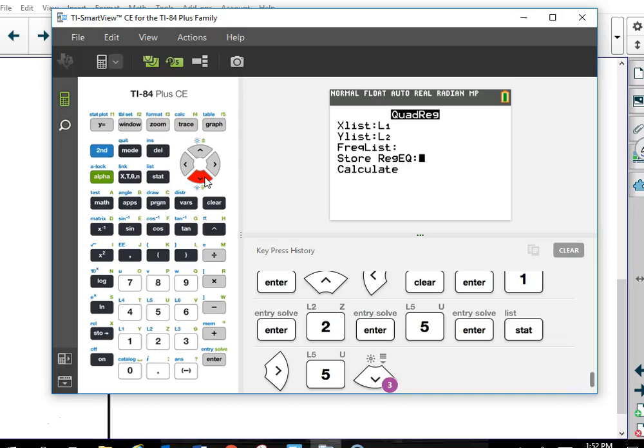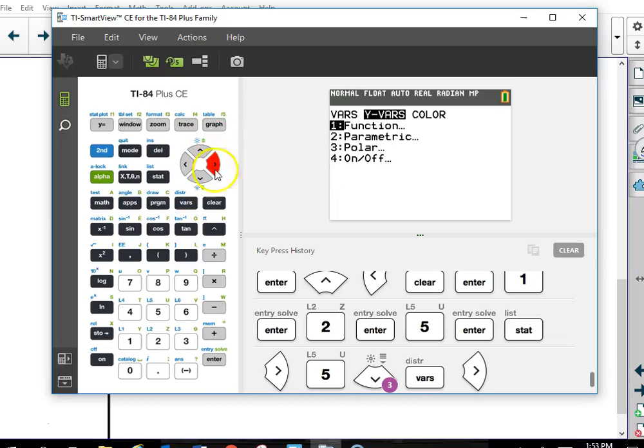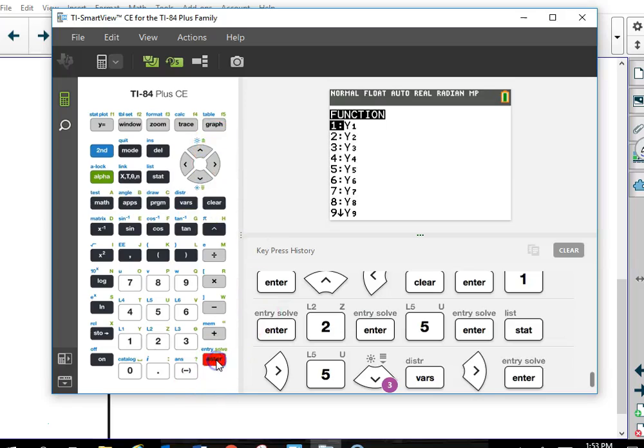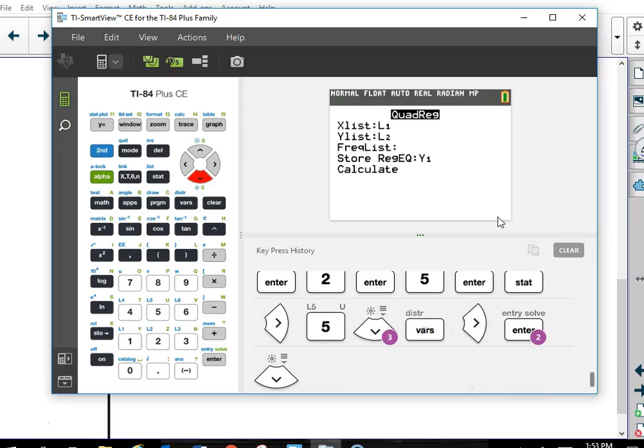So we have to tell it that by using some buttons on the calculator, because we can't just type in y1. We have to go find it in the calculator. So I'm pressing vars, and I'm right arrowing to y-vars, and then press enter and enter. And that'll put y1 in that store regression equation line. Now we just want it to calculate.